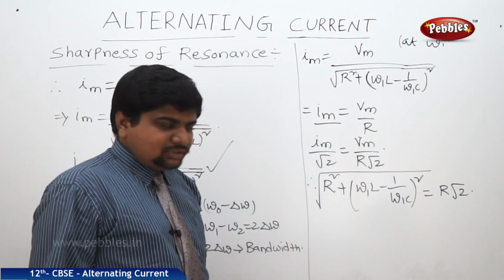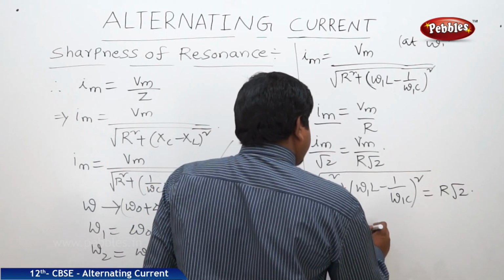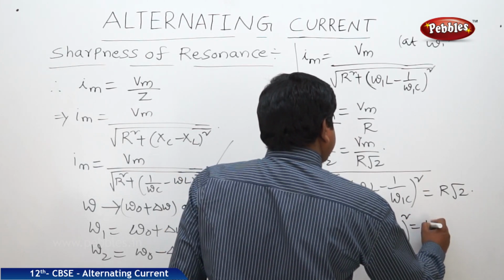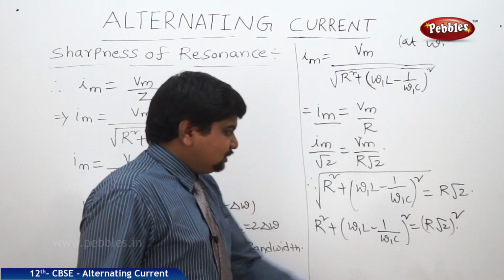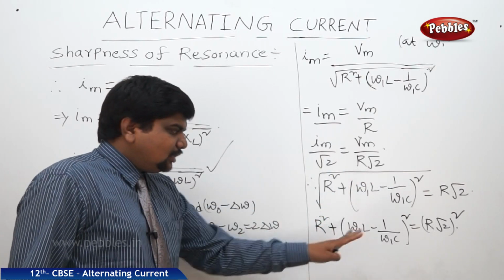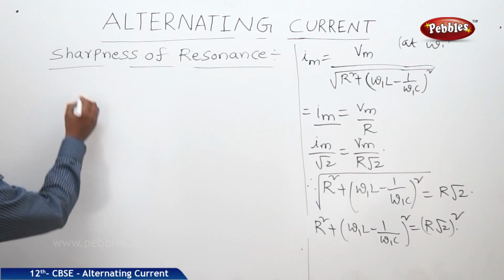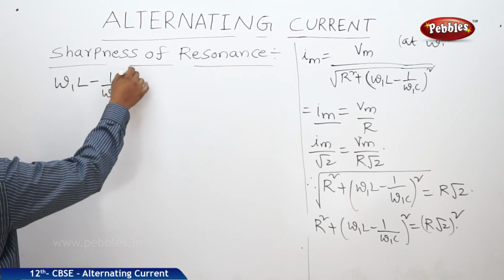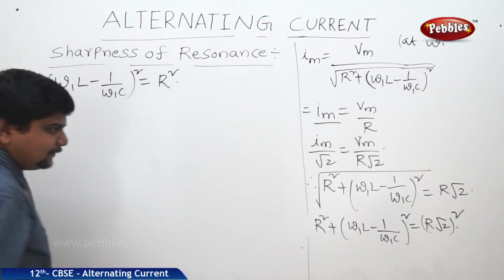Now we square on both sides: R square plus (omega 1 L minus 1 by omega 1 C) whole square is equal to (R root 2) whole square, which becomes 2R square. The R square and R square cancel out, and we get R square. Now I am writing this equation simplified: (omega 1 L minus 1 by omega 1 C) whole square is equal to R square.